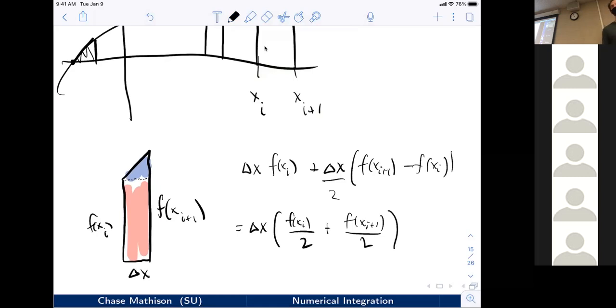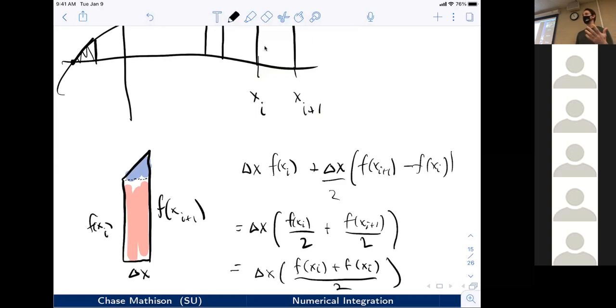If you go through the algebra there. And so we could write this as one fraction: delta x times f of xi, the height on the left, plus the height on the right, divided by 2. Okay, this is the area of a general trapezoid that we'll be looking at.